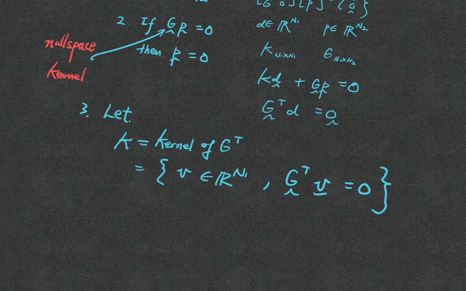Okay, so K is a kernel, or null space, a collection of all the vectors that give me G^T v equal to 0. Obviously, v equal to 0 is one of the collection, right? Does that make sense? Okay, because if v is equal to 0, no matter what G is, G^T v is going to be equal to 0, right? This is not our concern. Our concern is to find out whether there is some other v that also causes G^T v to be 0, okay?